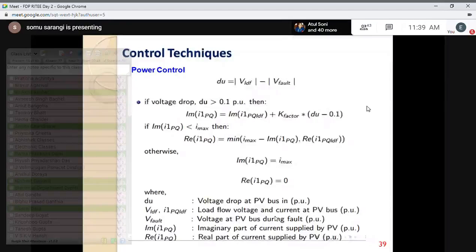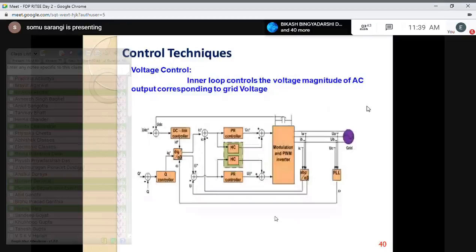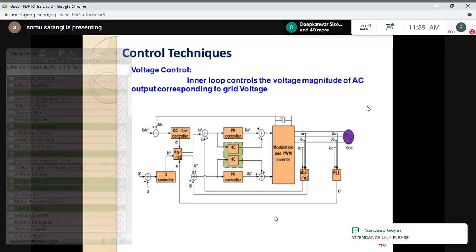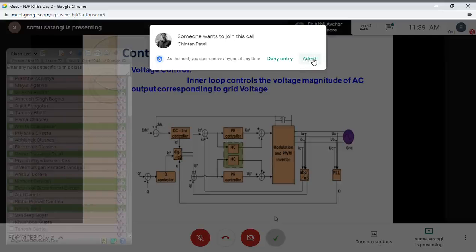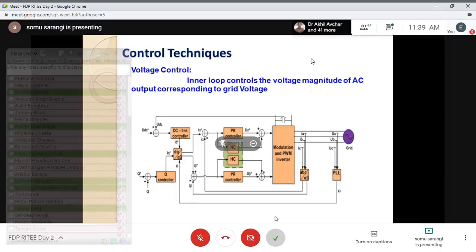So if the change in voltage is more, definitely the reactive power supplied will also be more. So these are the different techniques that we apply for voltage control. We tap the voltage from the grid side and convert it into DQ, and we also take the frequency. So the inverter switching will be controlled in such a way that the voltage and the frequency are maintained.